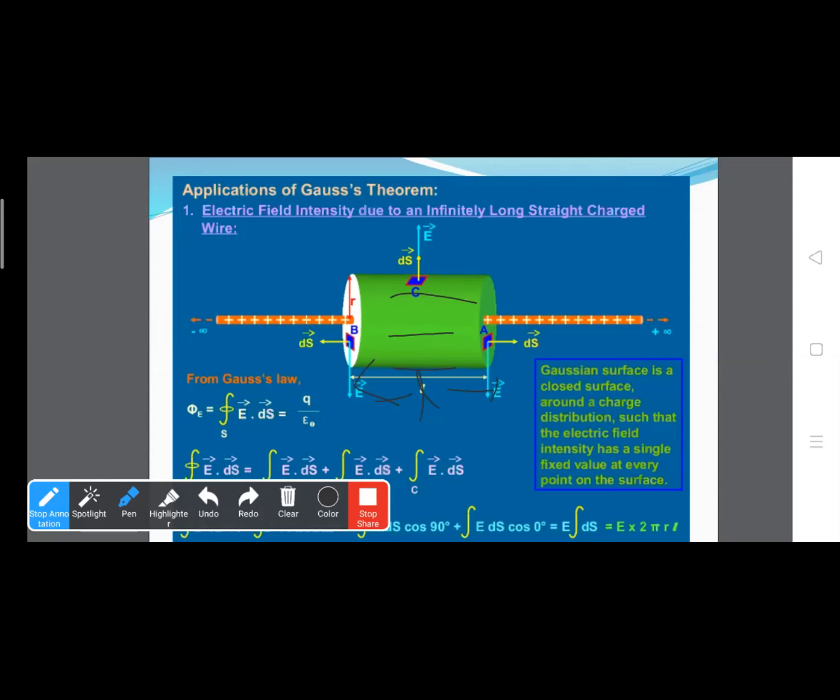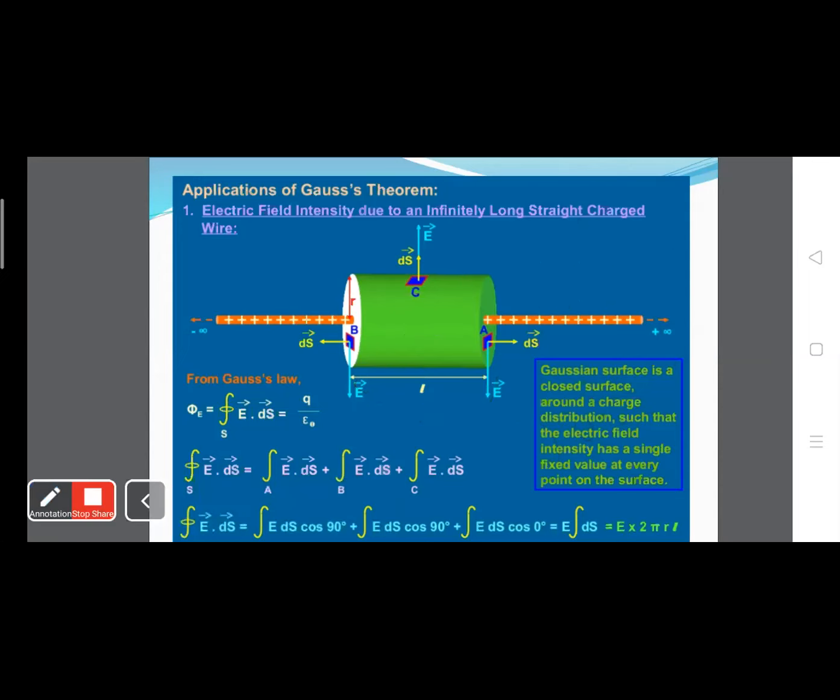So hence E and dS are parallel. On this surface, dS and E are parallel, so angle theta is equal to 0 degrees and cos 0 equals 1. Clear?